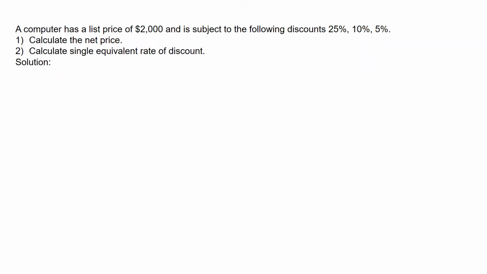Let's learn discount series using an example. My question says a computer has a list price of $2000 and is subject to discount series 25%, 10% and 5%. So these are multiple discounts, D1, D2 and D3. We'll calculate the net price factor.